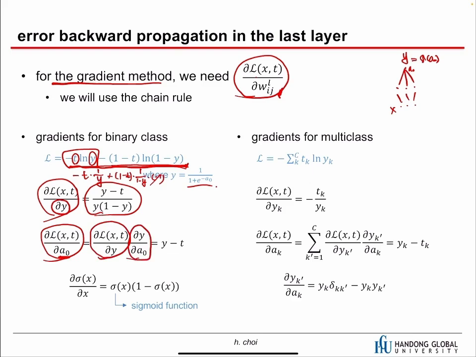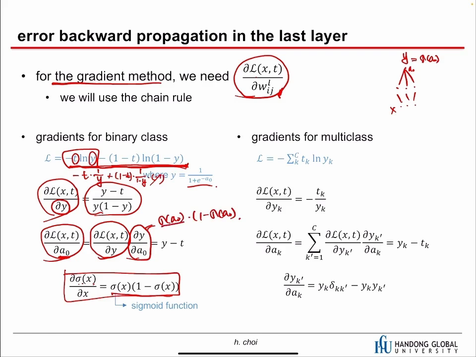For your information, I put this equation here. The derivative of the sigmoid function with respect to the input is the sigmoid times 1 minus sigmoid. So this one will be sigmoid of a naught times 1 minus sigmoid a naught.